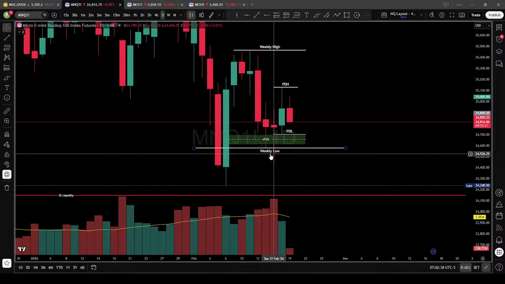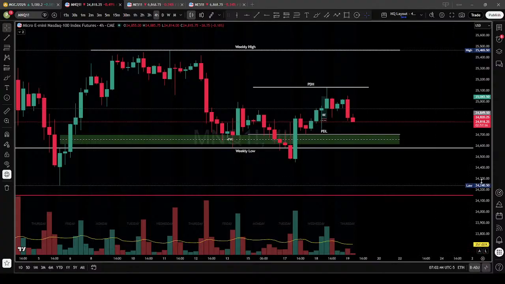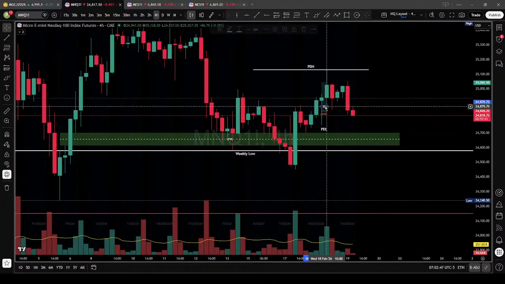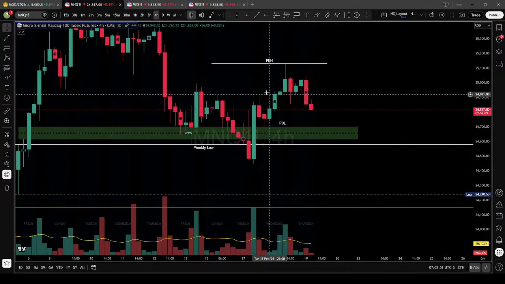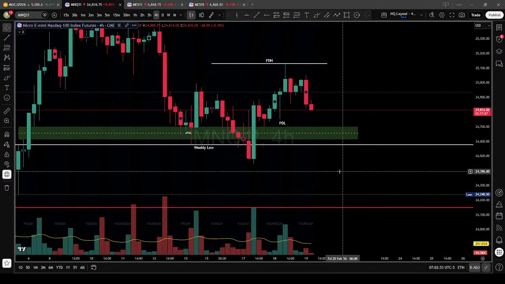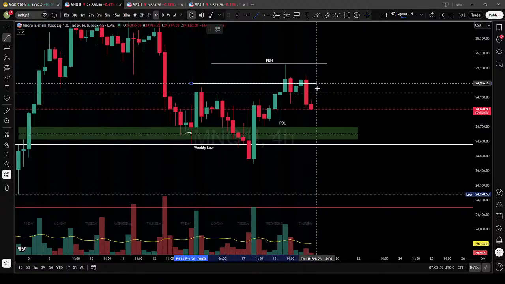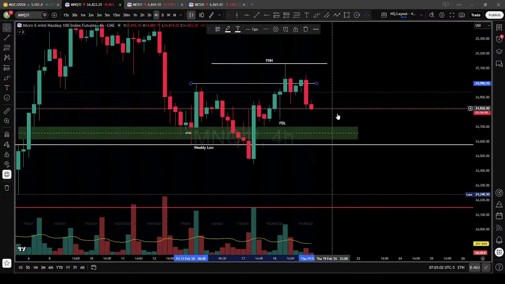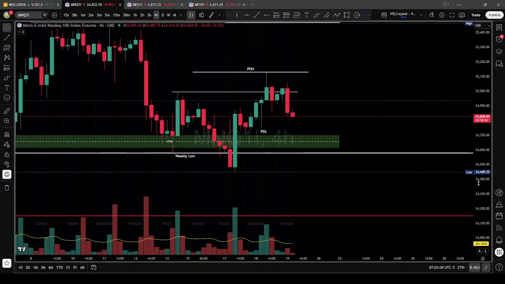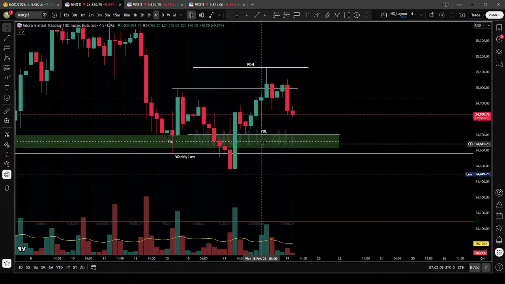Now let's move on to a 4-hour time frame and see what's happening. On a 4-hour time frame, what we can see is that it has taken a swing high and is moving downside.